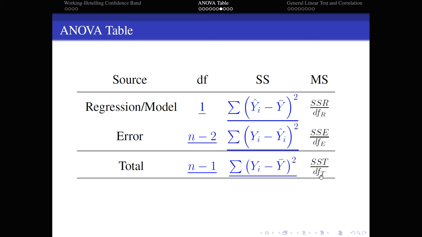Again, the total sums of squares and the total mean squares get broken down into these different components that add up to give the total. The total sums of squares add up to give this, and the model and error degrees of freedom add up to the total degrees of freedom, so they sum down below.